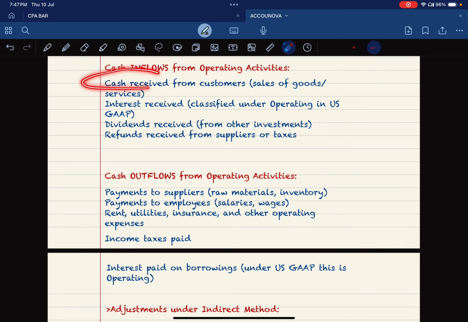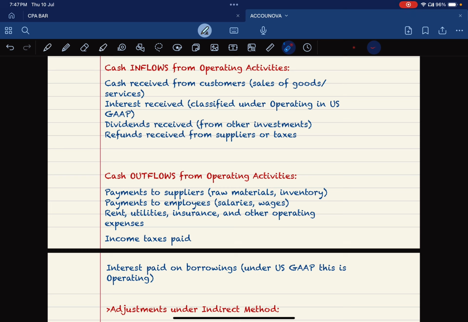Understand cash received, not accounts receivable. So any sale of goods or services that has happened on a credit basis will not come here. But if cash is received from an account receivable account, yes, then only the cash received will be counted here.